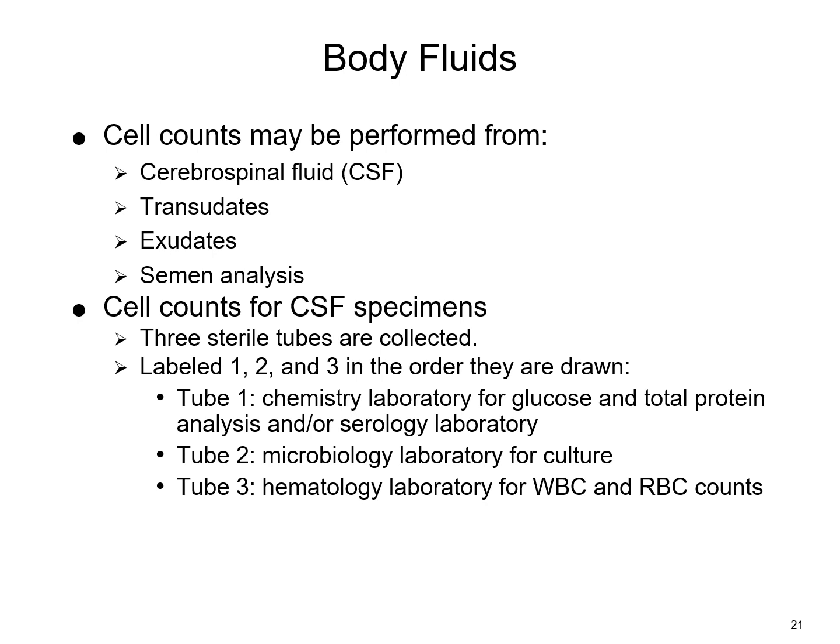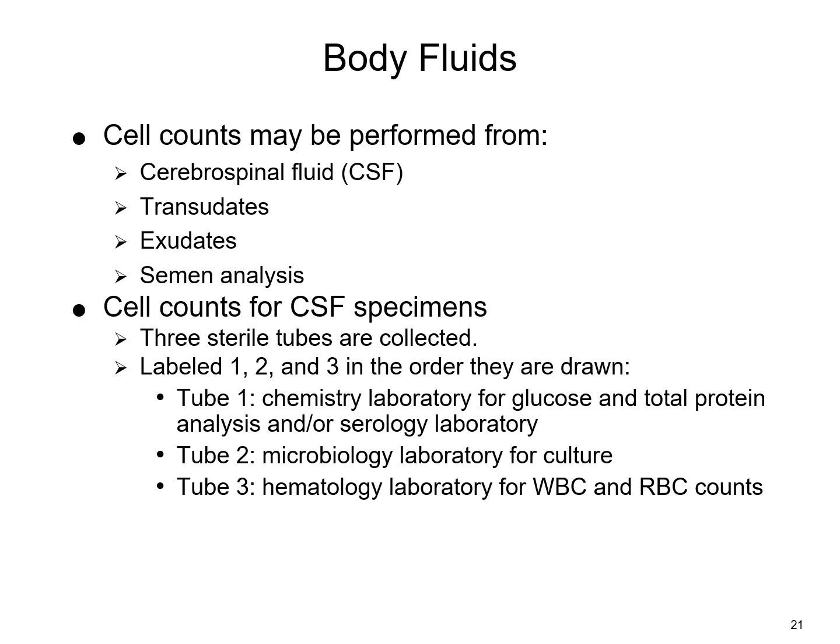So while most places aren't going to use a hemocytometer to actually do your red blood cell, white blood cell, platelet counts, we do use them for our body fluid counts. And so this is going to be things like spinal fluid, pleural fluid, peritoneal fluid, joint fluid, semen analysis.